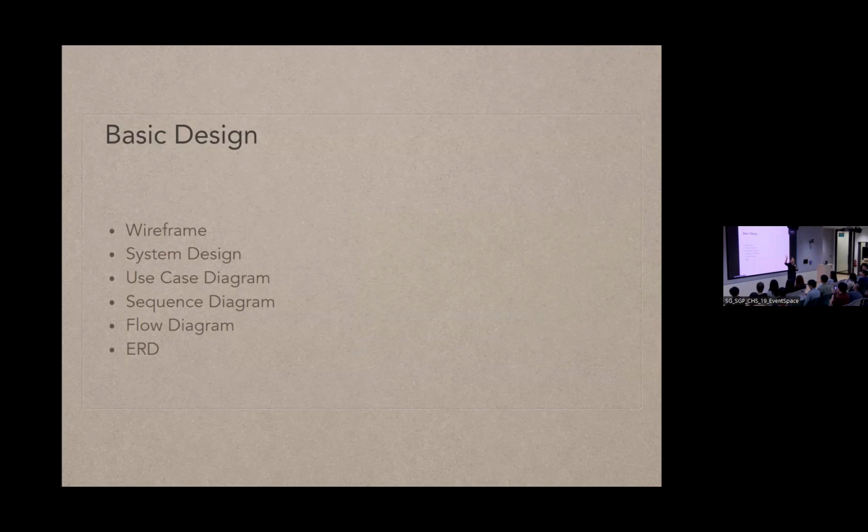Who has learned UML? Right? So most of you have. Those who have not, of course, read up about it. It's fairly simple to learn, but a lot of people who have been to UML classes don't actually understand why we focus on these particular UML diagrams, right? So let's have a quick look at it.